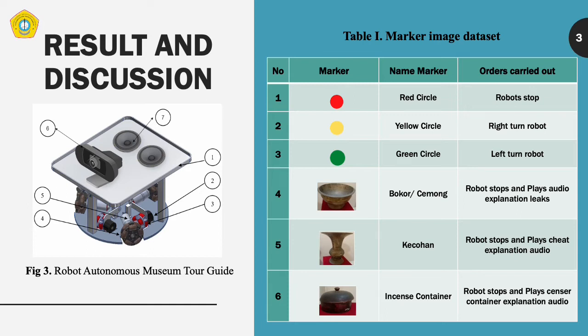Number 5, Kecohan, the name in Indonesian. The robot stops and plays the Kecohan explanation audio. And the last, the Inchins container. The robot stops and plays the container explanation audio.